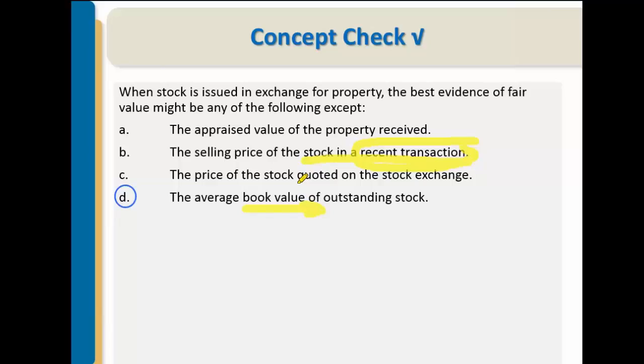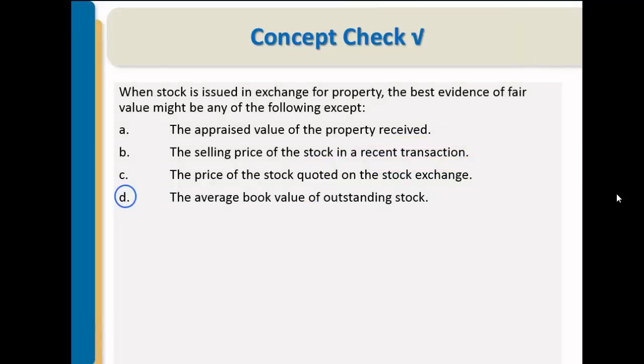Book value is basically assets minus liabilities divided by outstanding shares. So you're looking at book value from a very accounting perspective that has no relevance to market value. So D is the answer for that reason.